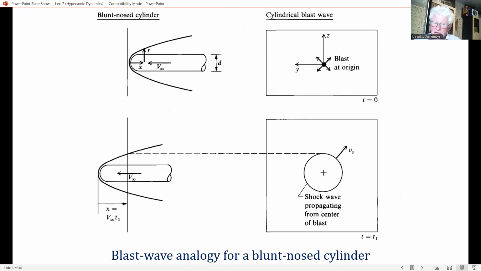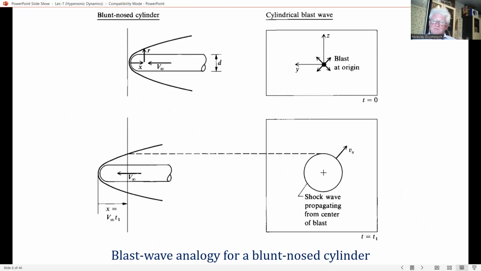A strong cylindrical shock wave propagates from the point of energy release. It can be argued that the unsteady two-dimensional flow shown at the right of this figure is equivalent to the steady three-dimensional flow over a blunt nose slender body, where the blunt nose is blasting through the fixed vertical plane, which provides the equivalent instantaneous energy release shown on the right.